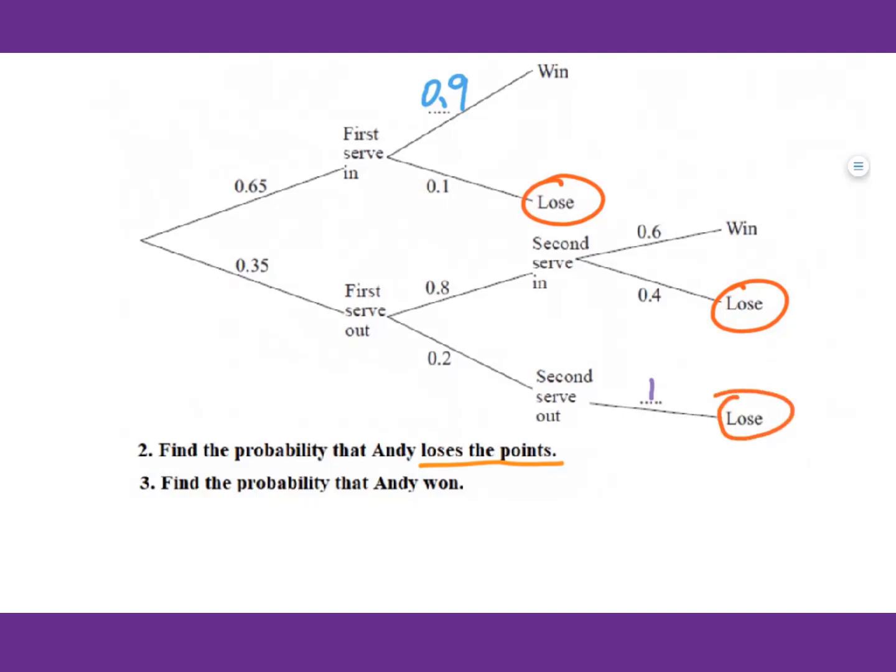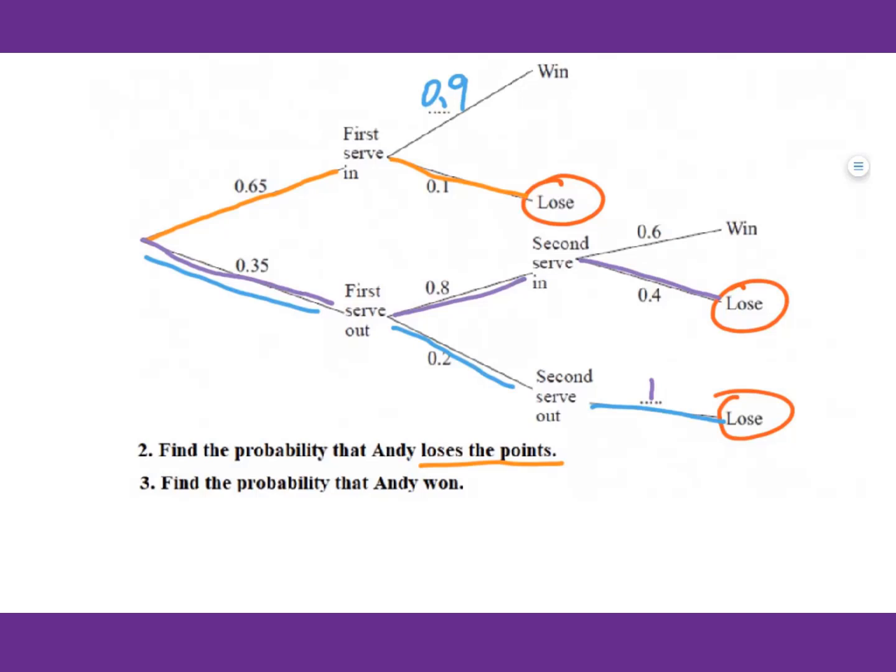Then from the very beginning, how do you go to these 3 lose? You go this line, this line, and this line. You have 3 lines that go to lose. Therefore, you will multiply the probabilities on the same line.